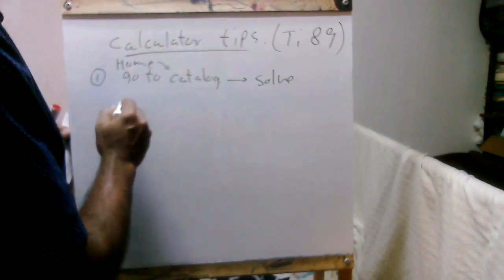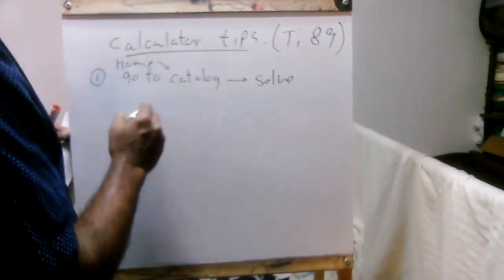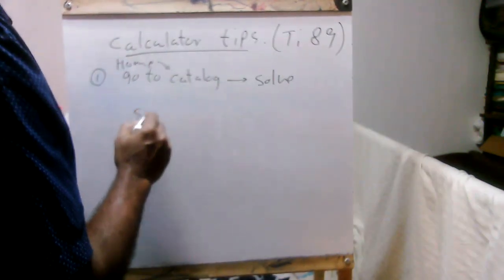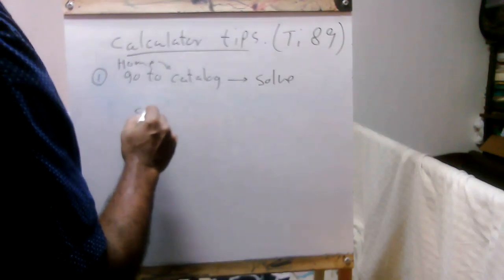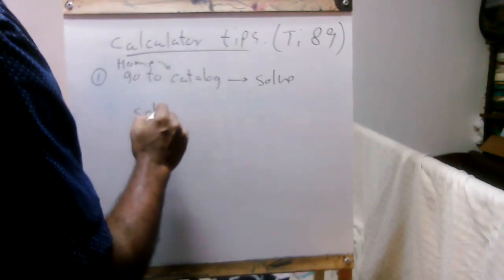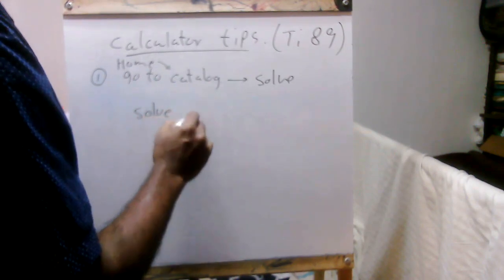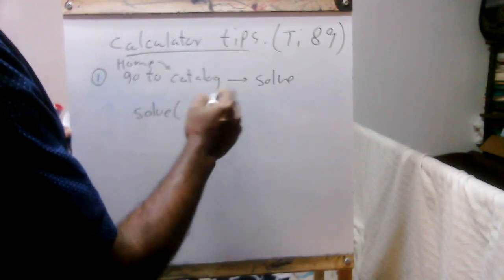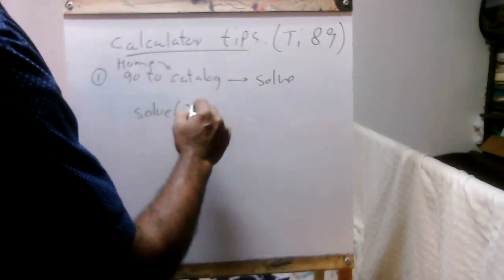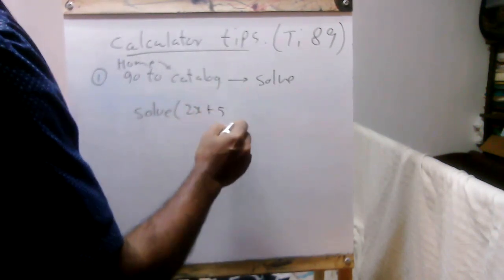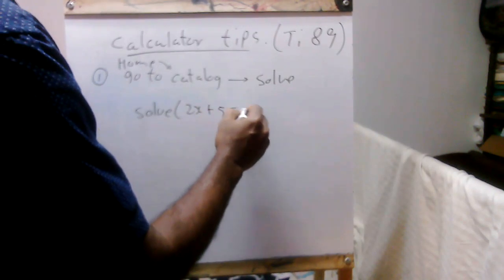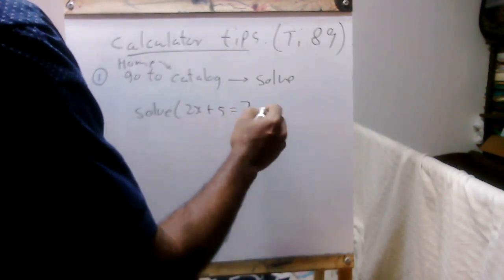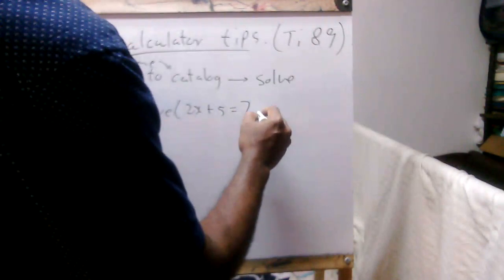Once you press solve, you get this command, right? Then you type whatever you want to solve. 2x plus 5 equal to 7, comma x.